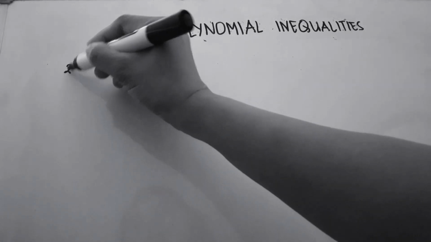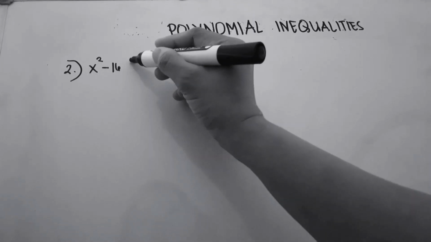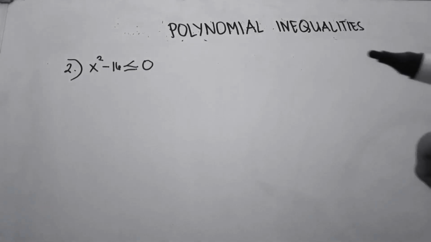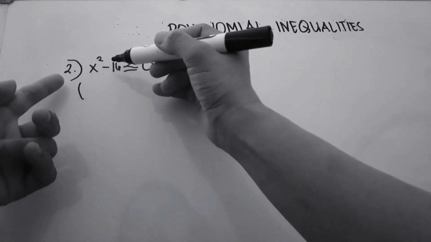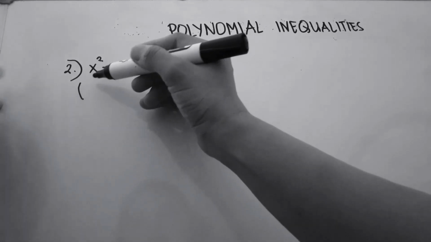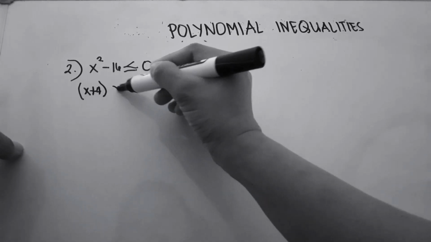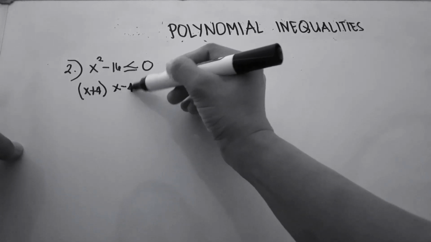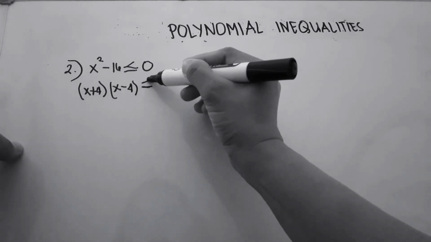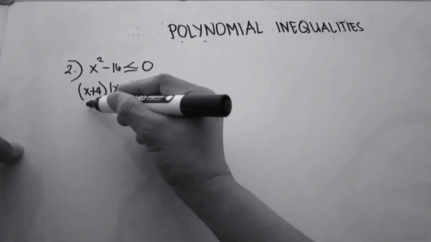Let's have example number 2: x squared minus 16 is less than or equal to 0. We can use the difference of squares formula, so we have (x + 4)(x - 4) less than or equal to 0.